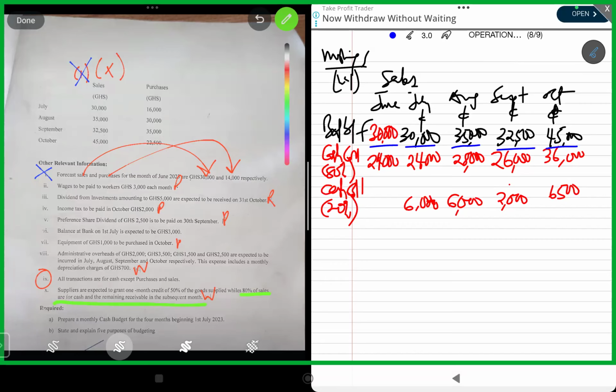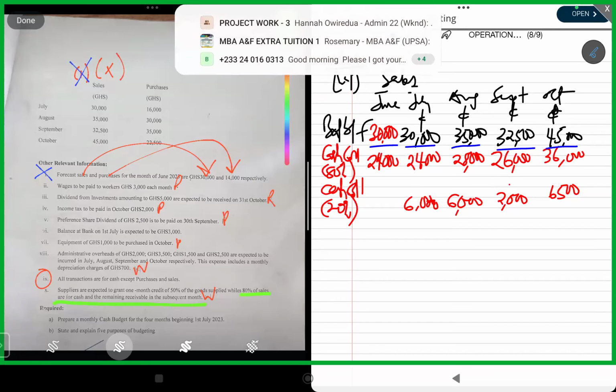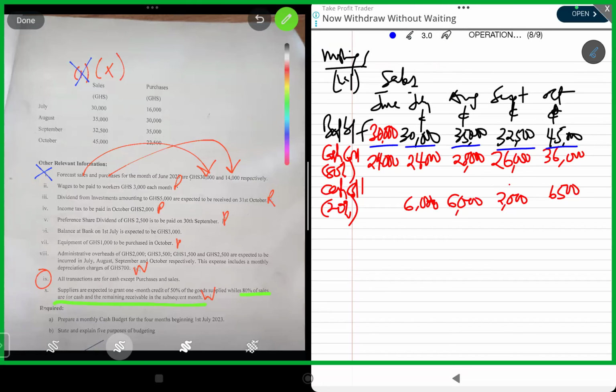You see the September, the 26,000. Is it supposed to be 26,000? It's correct. 80% of that, because it's 32,500. There's not going to be 500 anyway. No, you are just finding 80%. Okay, I've seen it. Sorry.